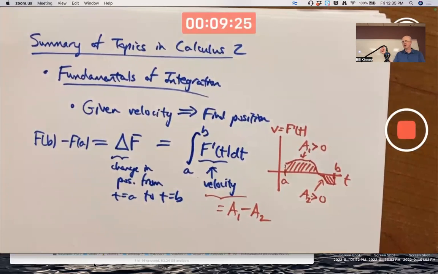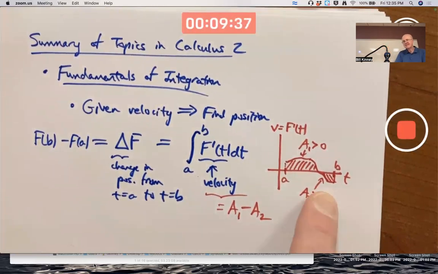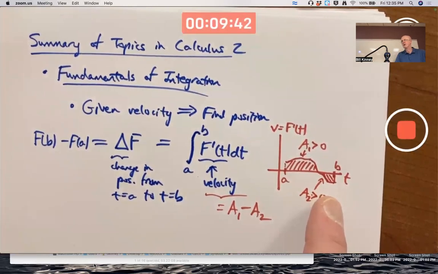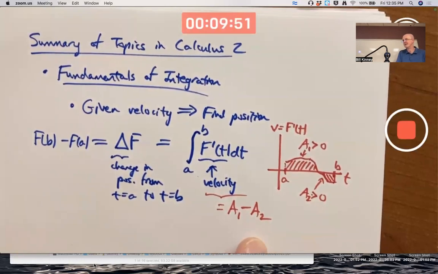This is a back and forth motion where, say, rightward motion is positive. You're going to the right, then you're going a little bit backwards, and your net change in position is smaller than your distance traveled. If I had made this area bigger, the graph is below the axis more, the motion is to the negative direction more, then your change in position could be negative. A2 could be bigger than A1, and this difference could be negative.